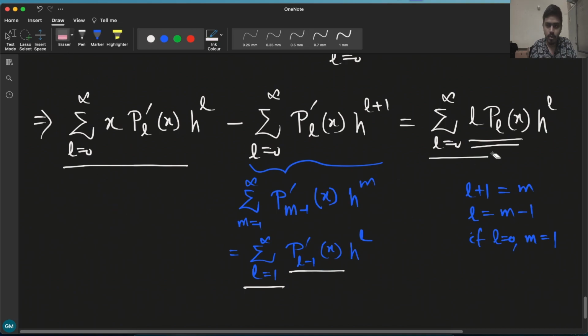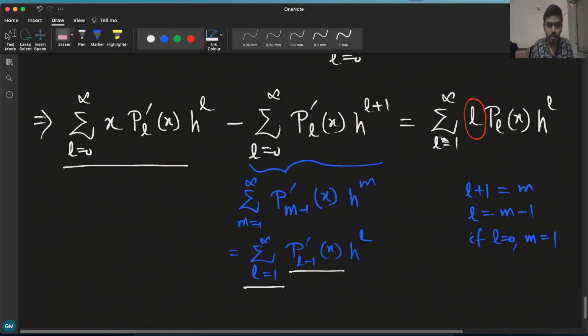So right now we cannot really put them together. But if you look carefully, there is an L factor sitting here. So the L equals 0th term will contribute nothing to this summation. So I can instead start from L equals 1, right?